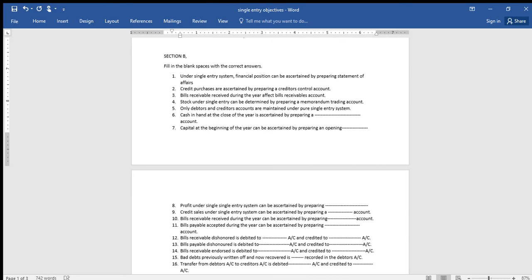Then question 6, cash in hand at the close of the year is ascertained by preparing a cash book, also known as the receipts and payments account.